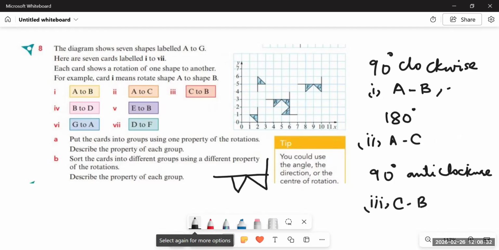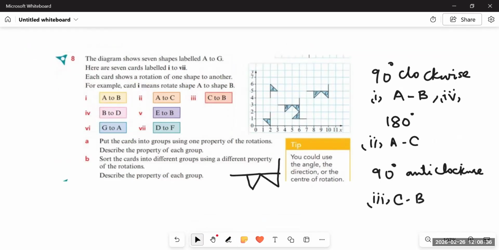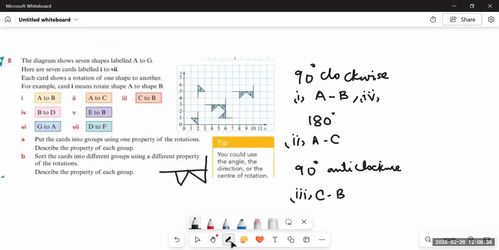So part 4 will be here, B to D. And next we have E to B. So E to B is in this direction or in this direction. It's the same. So it's 180 degrees.